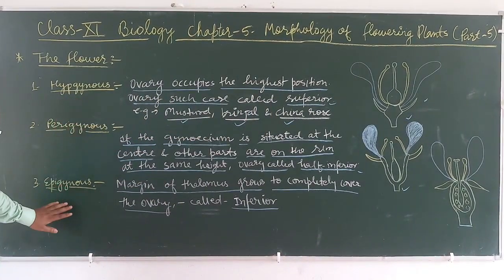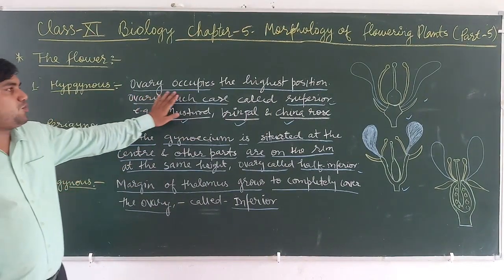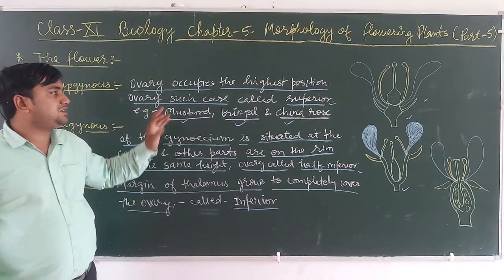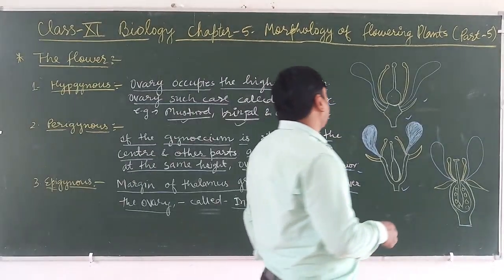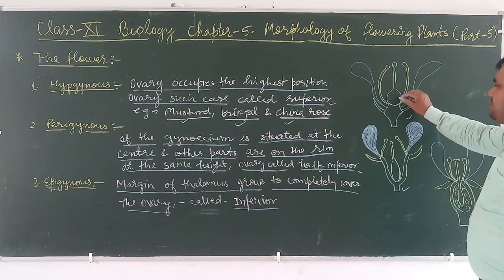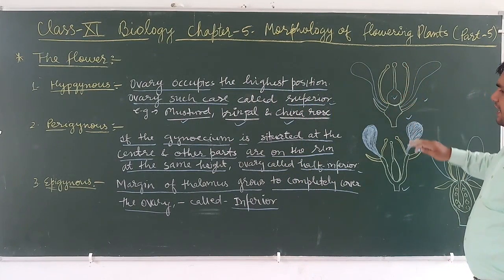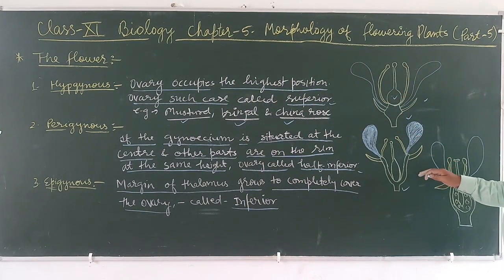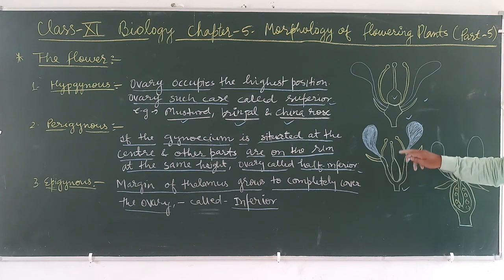Once again, hypogynous, perigynous, and epigynous. In hypogynous, the ovary occupies the highest position and is called superior, found in mustard, brinjal, and China rose. In perigynous, the gynoecium is at the center and other parts are on the rim at the same height, called half inferior.